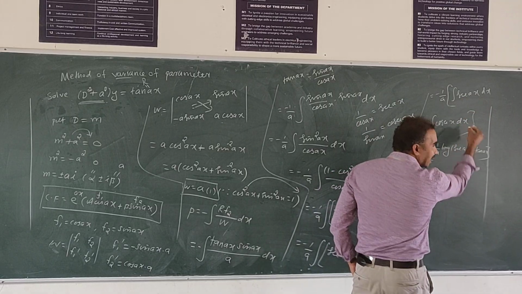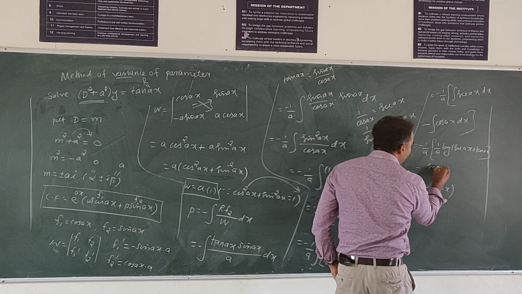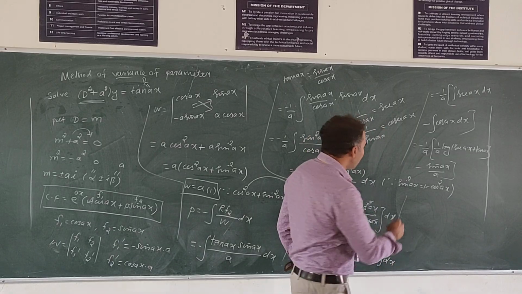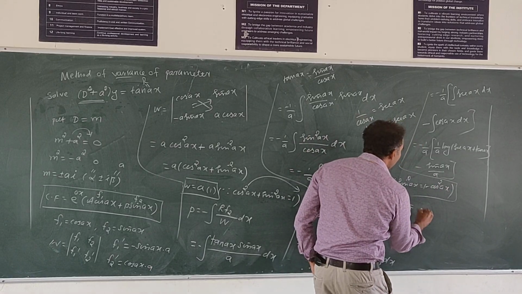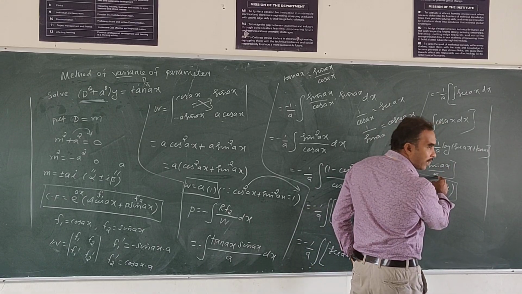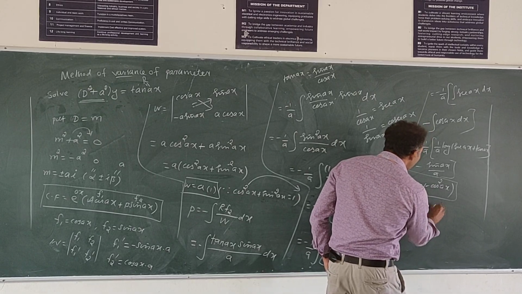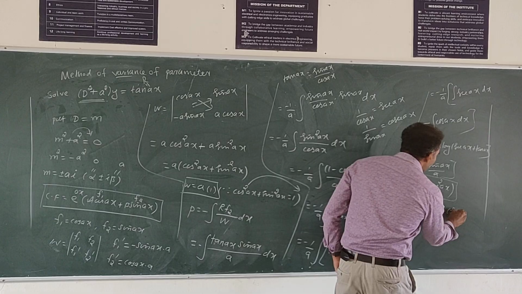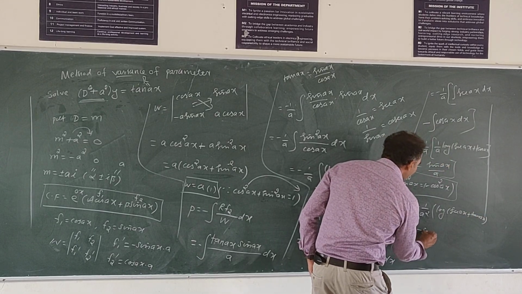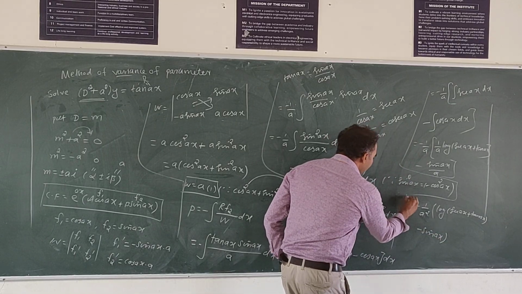Minus, what is the integral of cos ax? sin ax divided by a. Next, here 1 by a is a common term, so take it outside. So P = −(1/a²)[log(sec ax + tan ax) − sin ax]. This is P.